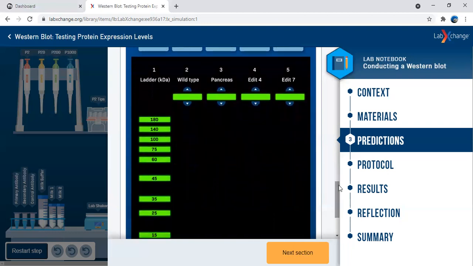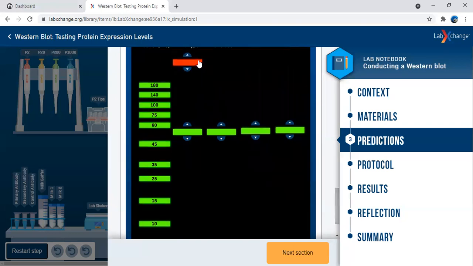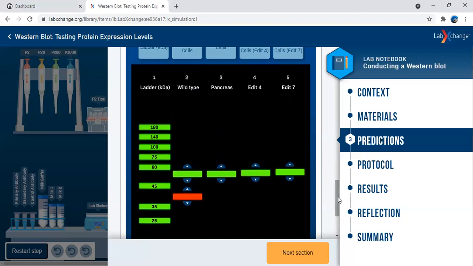So all of them would show the alpha tubulin at 55 kDa, so 55 is about here. And only the wild type would show the CCR5 gene, at about 40 kDa. So these are the predicted results: 55 for the alpha tubulin and 40 for the CCR5, which only the wild type would have.